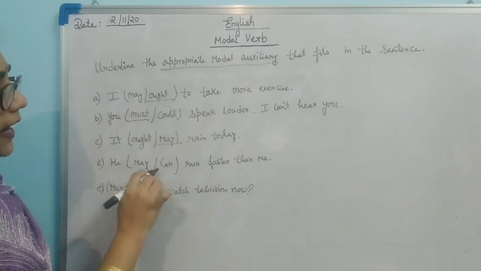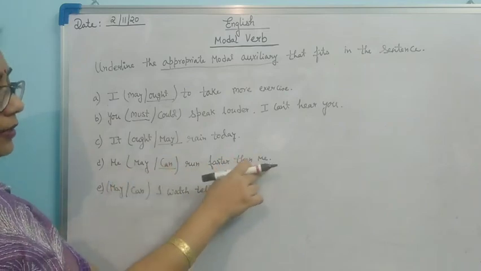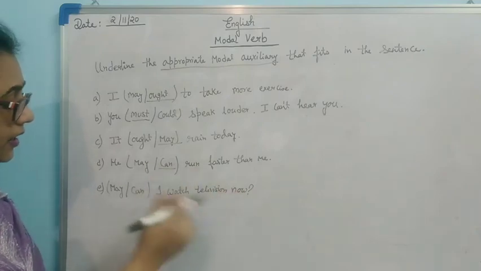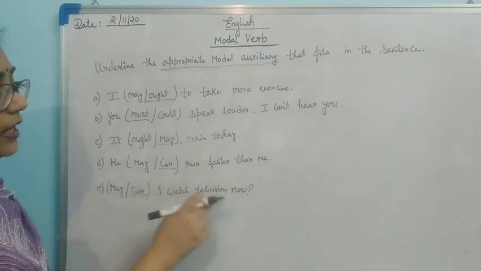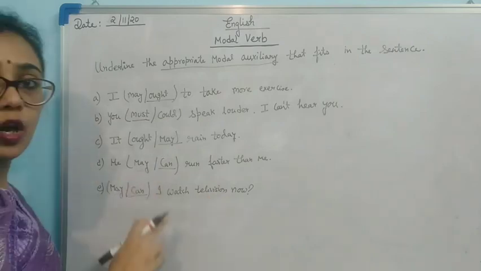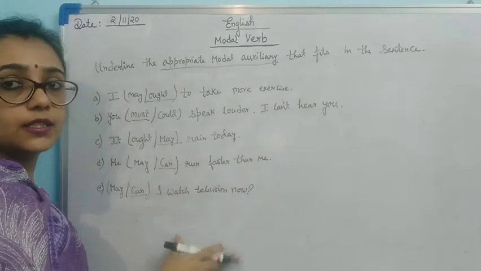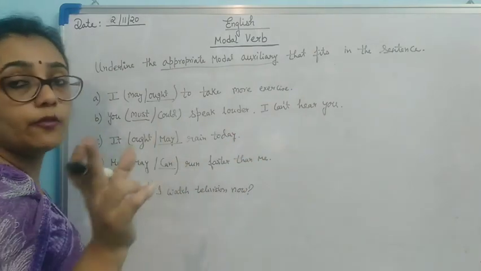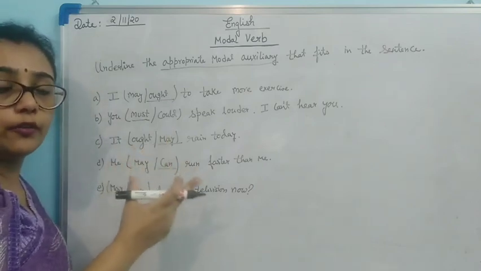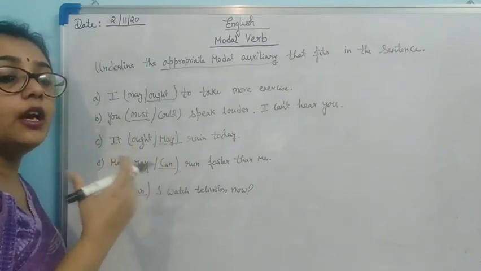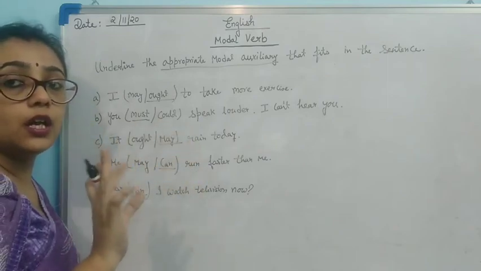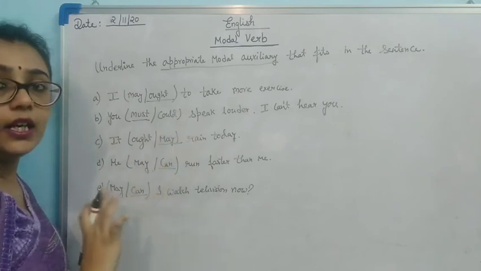He can run faster than me. May or can I watch television now? I am asking, so, can I watch television now? In this way, we will solve it. By reading the whole sentences, we will get the clear idea. I have already explained in a chart form where to use what, where we need permission, where we show ability to do something. All these things you can read through the chart and then it will be clearly understood.